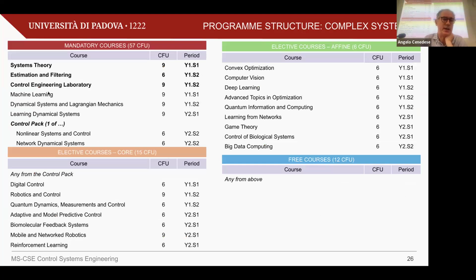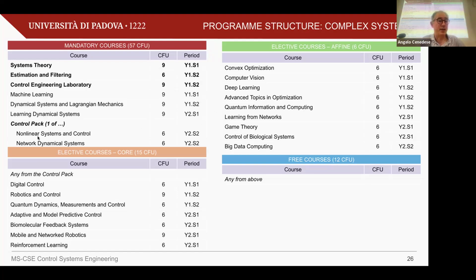You can see here that we are pushing towards more formal disciplines. So we have learning dynamical systems as we had before. We do not have digital control here, but we have, for example, machine learning and dynamical system and Lagrangian mechanics. And then one of these two, nonlinear system and control or network dynamical systems.